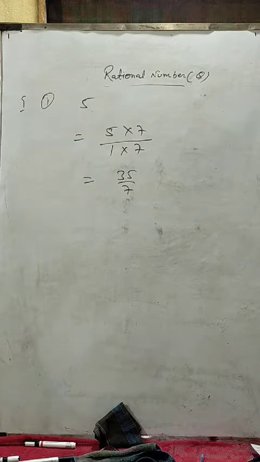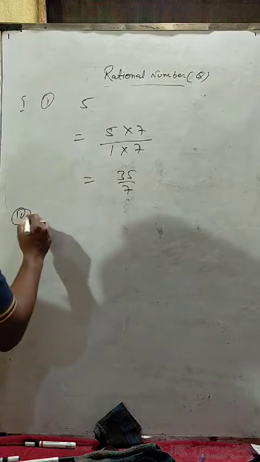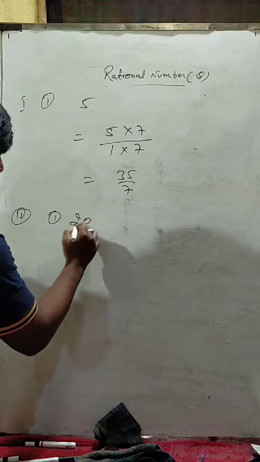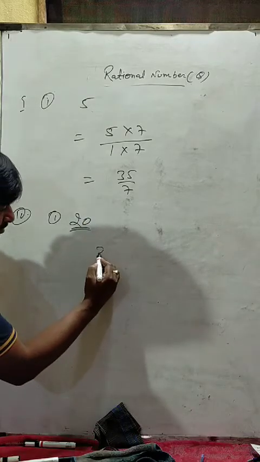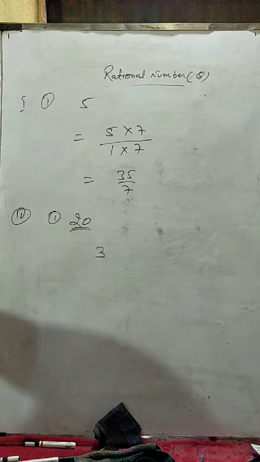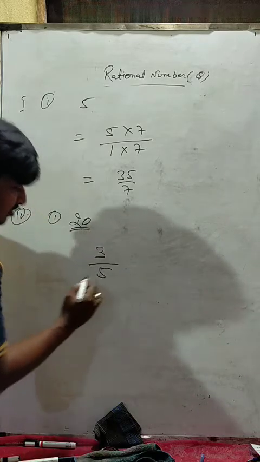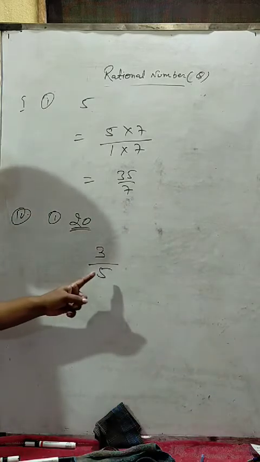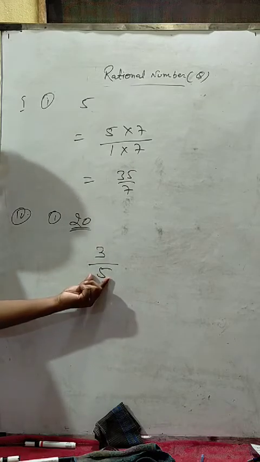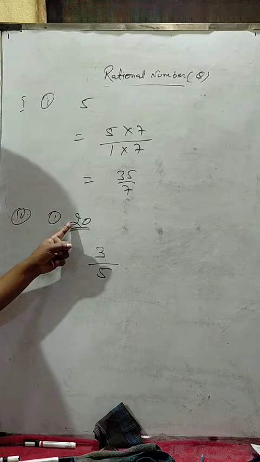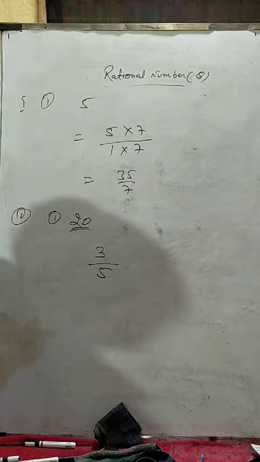Okay. Question number 10. Express 3 by 5 as a rational number with denominator 20. We have to keep the denominator 20, and the number is 3 by 5. Here the denominator is 5, but we have to make this denominator 20.